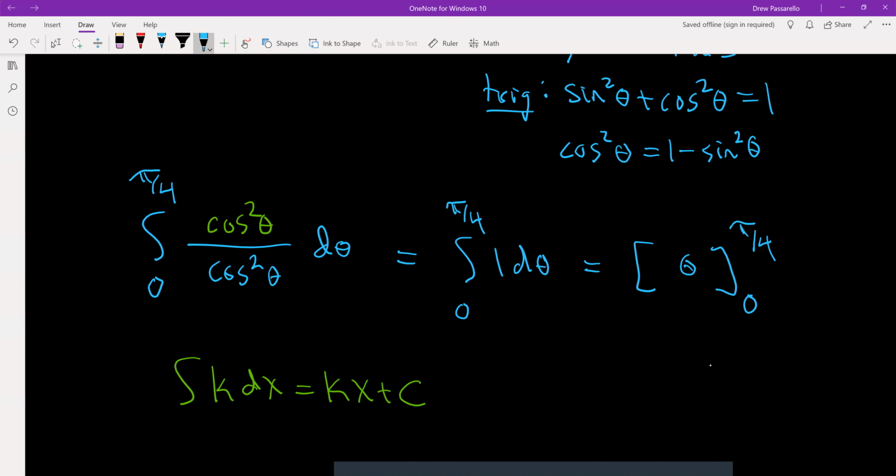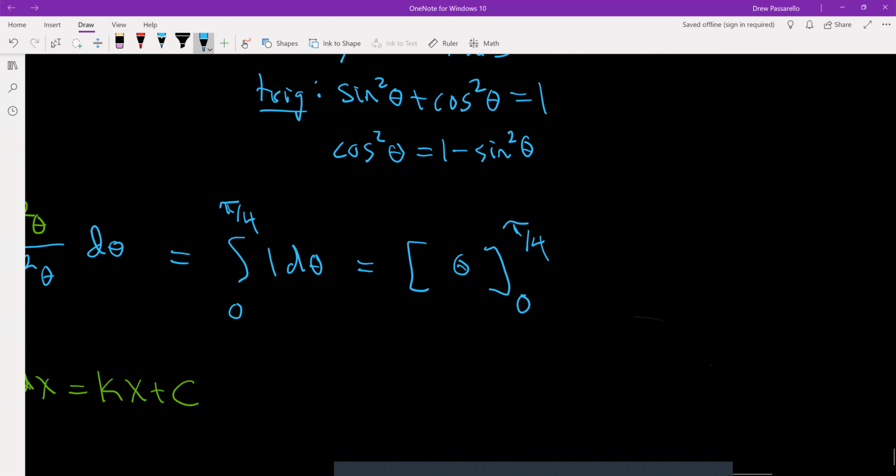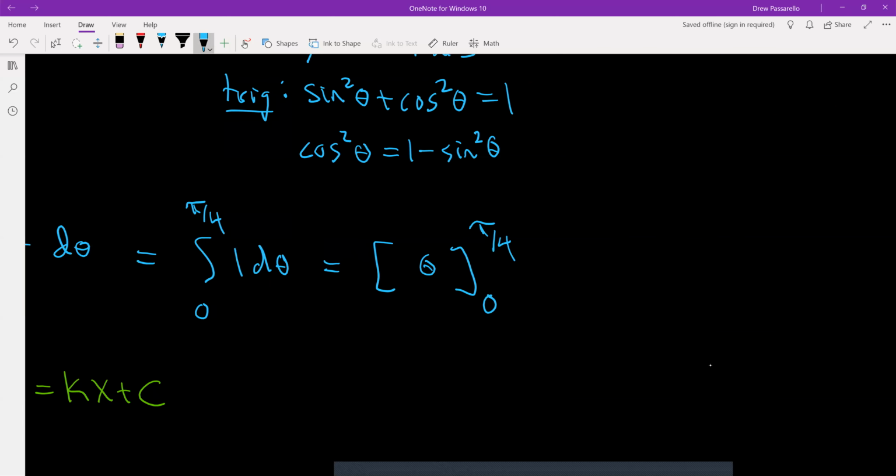So we just apply the fundamental theorem. And it's just going to be pi over 4 minus 0. You just plug in the value for theta. So this is F of pi over 4 minus F of 0.